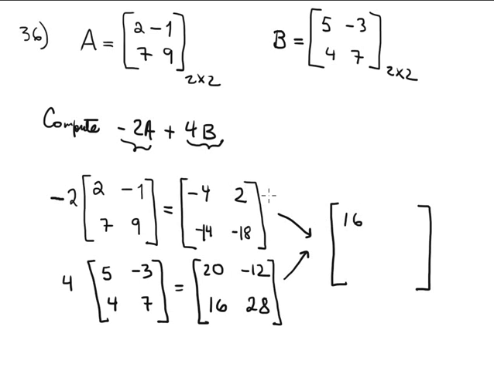And the same, 2 and negative 12 is negative 10. Negative 14 and positive 16 is 2. And negative 18 and 28 is 10. Okay, of course, the new matrix is 2 by 2, exactly as we expect.